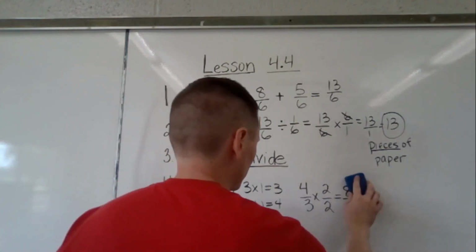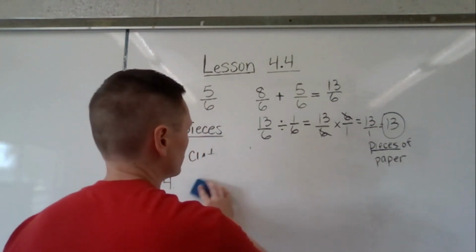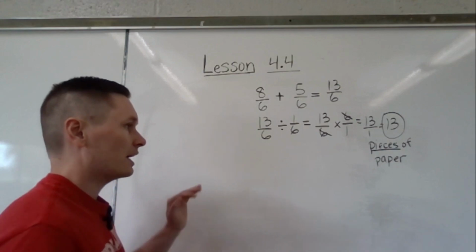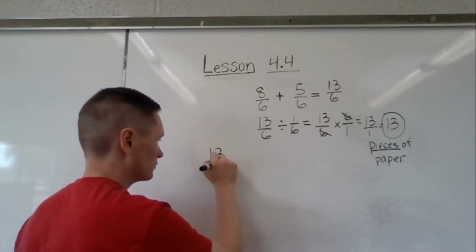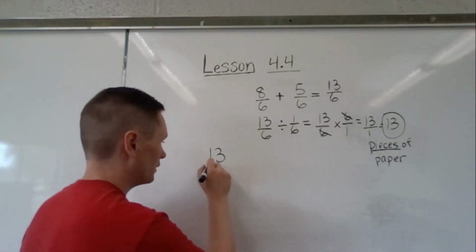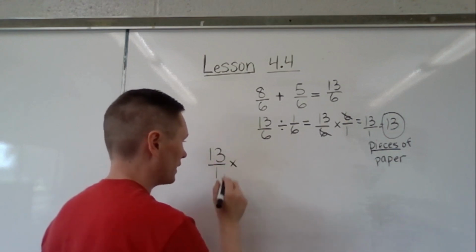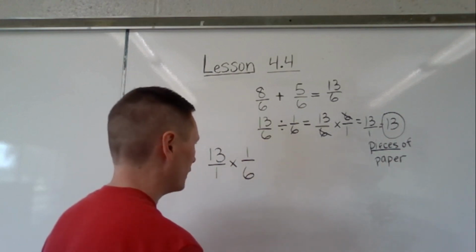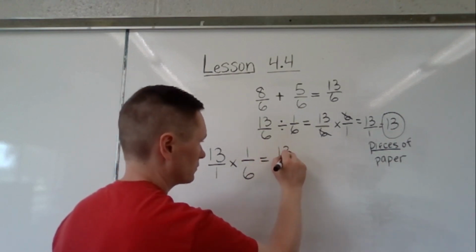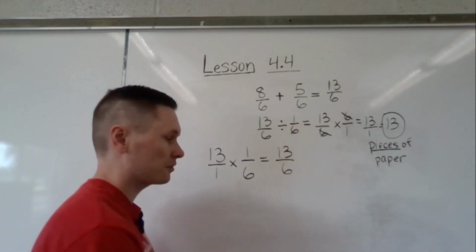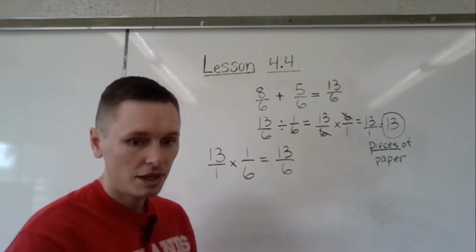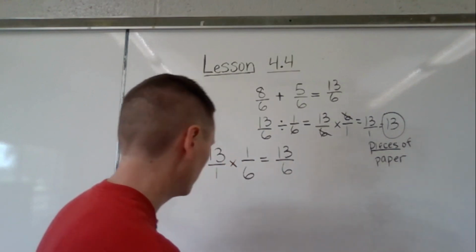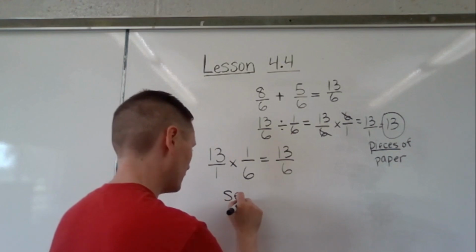Let's make some room here. So I can see I have 13 over 1. And if I multiply that back times 1/6, because that's what I originally divided by, I'm going to get 13 over 6. So I get what I started with, and my answer makes sense.